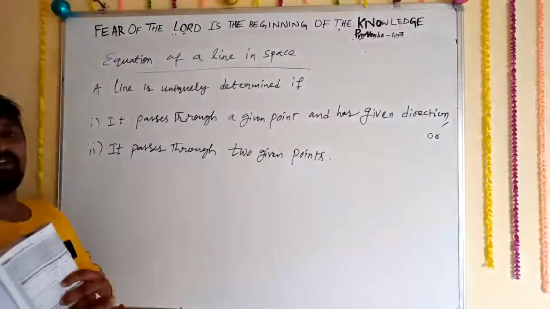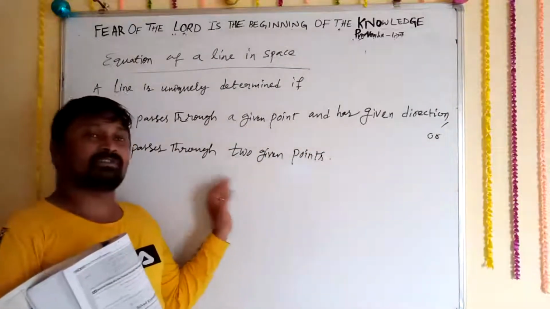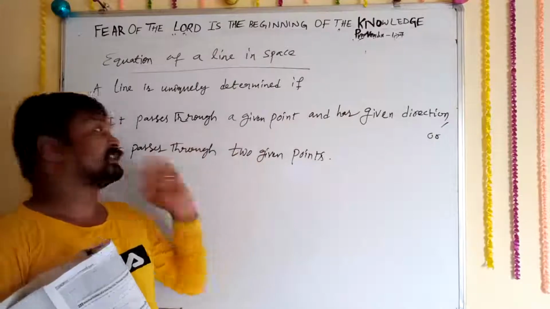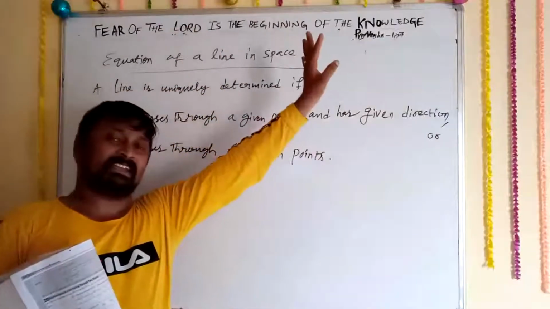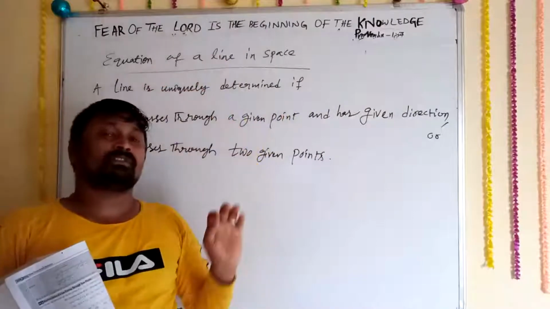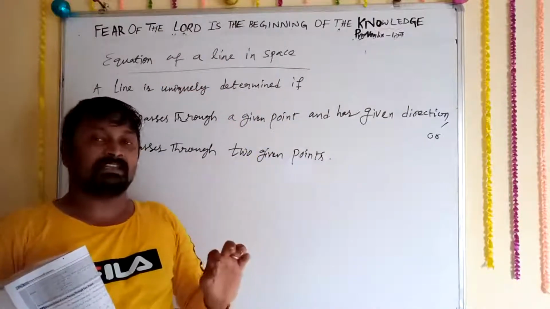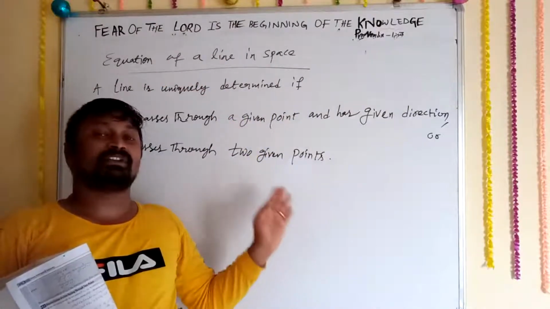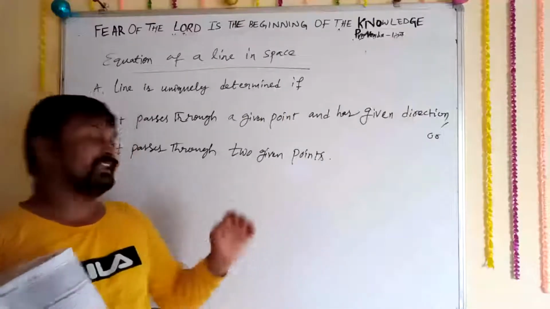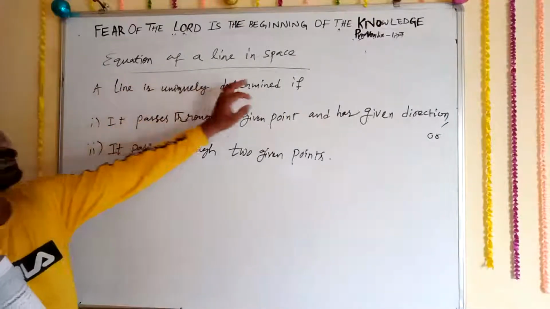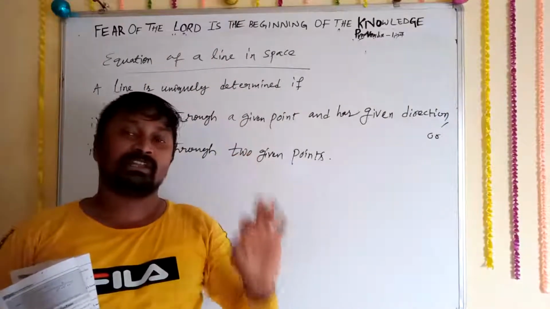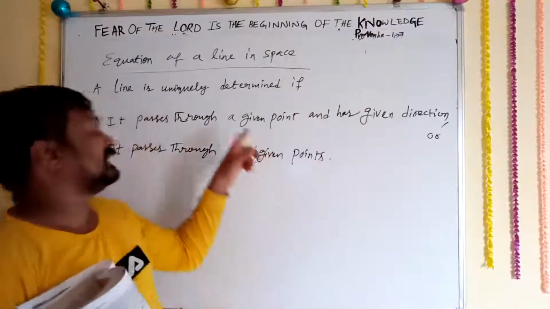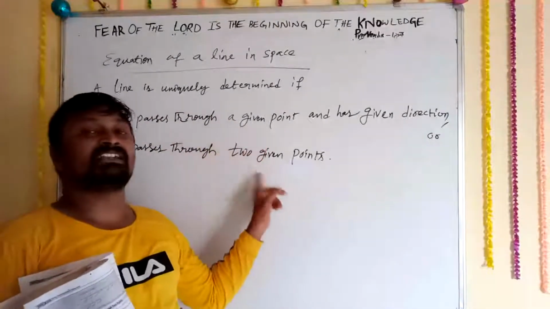You have to understand what they were saying in mathematical terms. Equation of a line in space. In space, how do we find the equation of a line? When is that line going to be uniquely determined? A line is going to be uniquely determined only if it satisfies one of these two conditions.